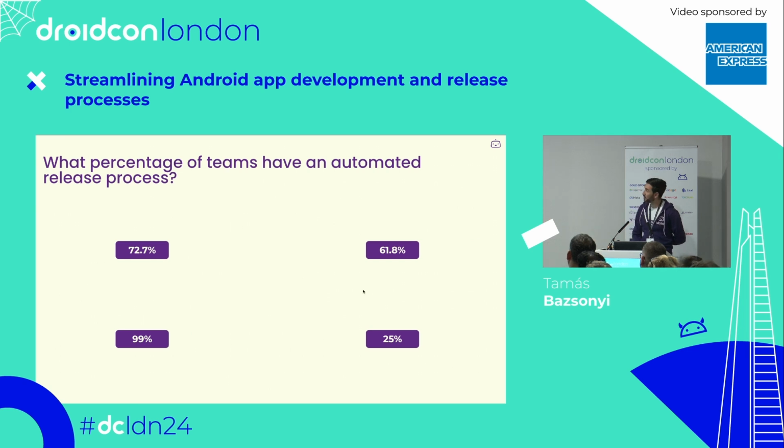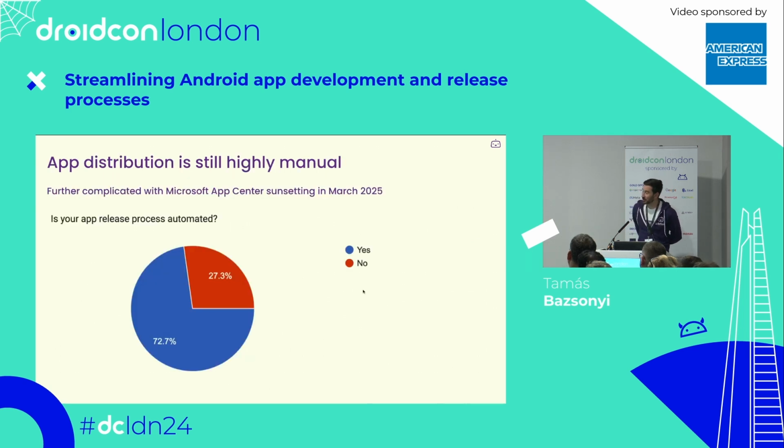It's 72.7. So 72.7% of the companies have an automated release process.